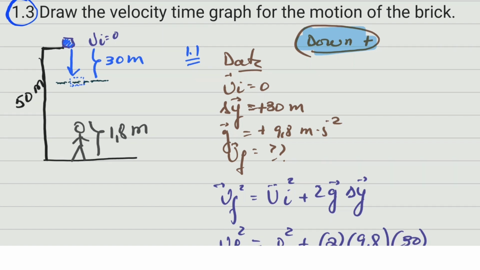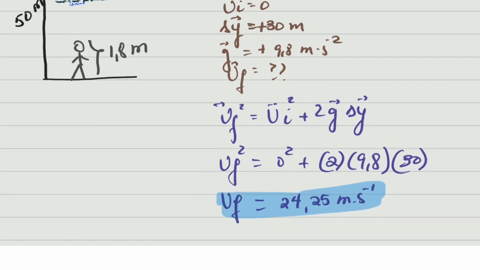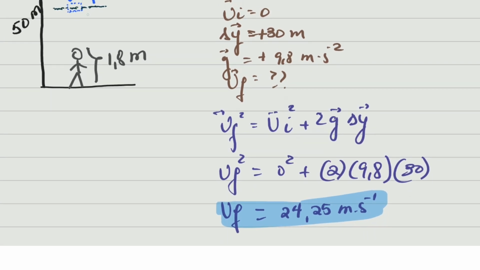So what we are going to do, we are going to calculate how far will that brick fall from there to see if the person will be able to avoid the brick. So we're going to calculate the displacement from here. How far is that block going to fall?